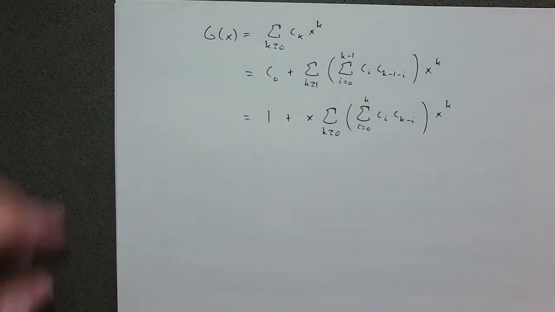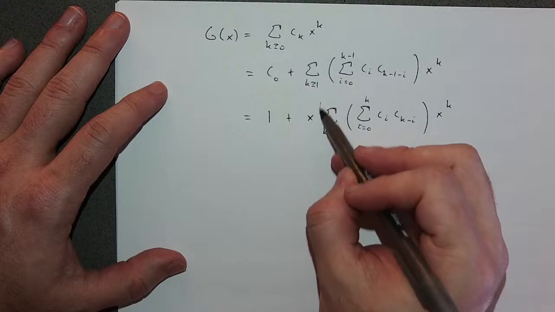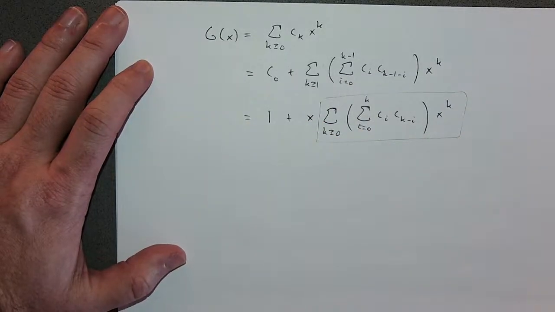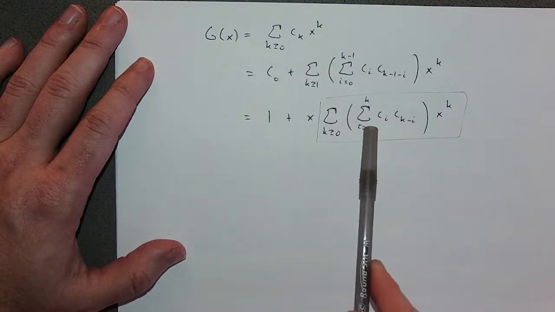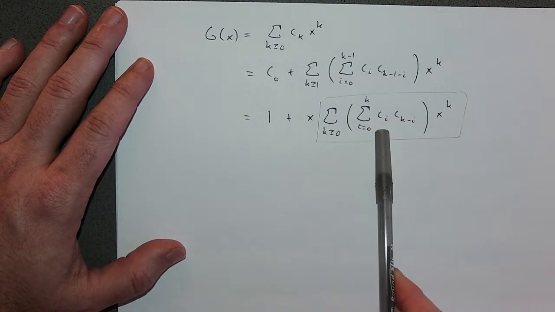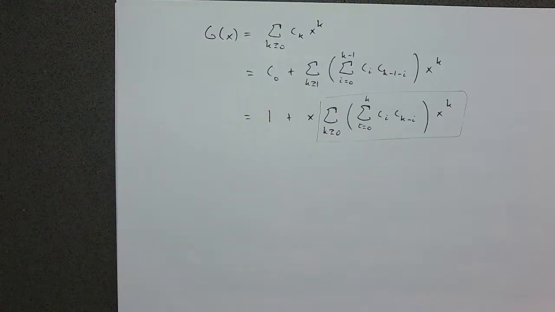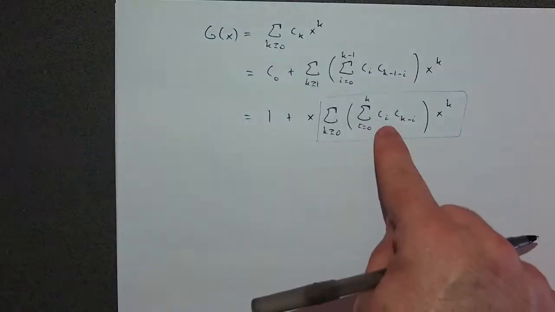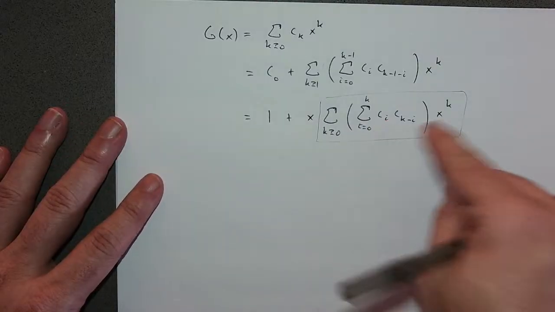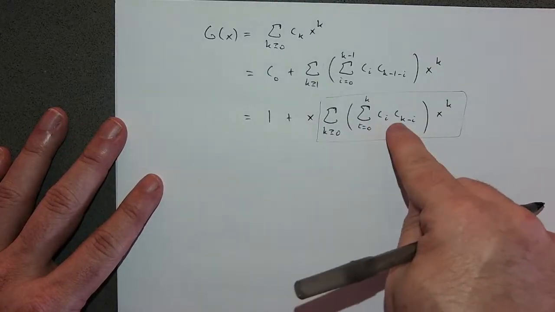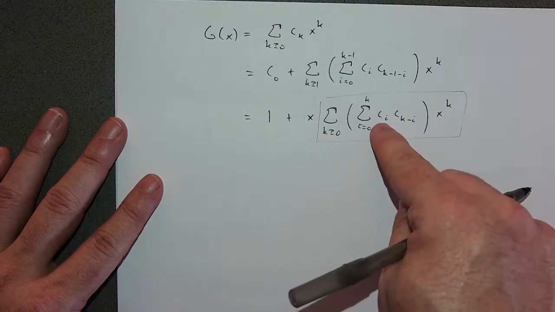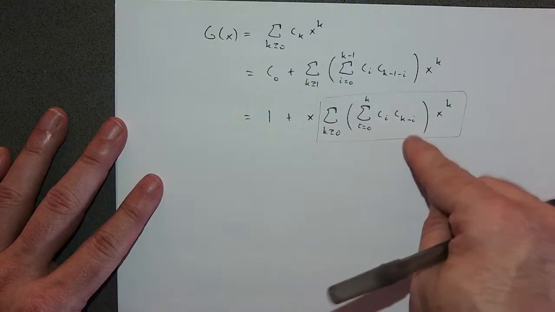I did all this reindexing so that I can look at this and say, wait, this is just my generating function, but it's my generating function times itself, right, by this fact that the generating function of the convolution of two sequences is the product of the generating functions of those sequences. Here, the convolution of the two sequences involved are two of the same sequence. They're just both the Catalan numbers, right?